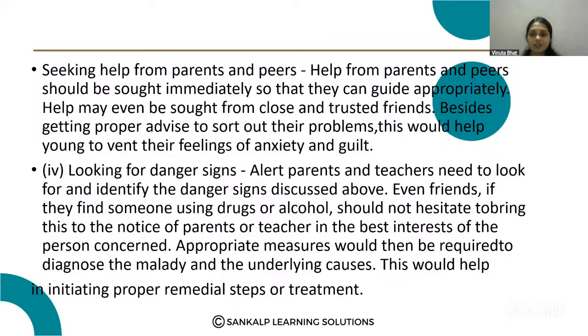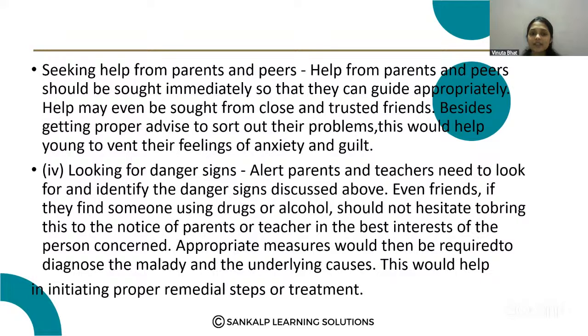Alert parents and teachers need to look for and identify the danger signs discussed above. If the parents or teachers observe some symptoms like weak performance in academics, not only weak performance, then also continuous absence from school, and some other symptoms, then we should immediately inform.